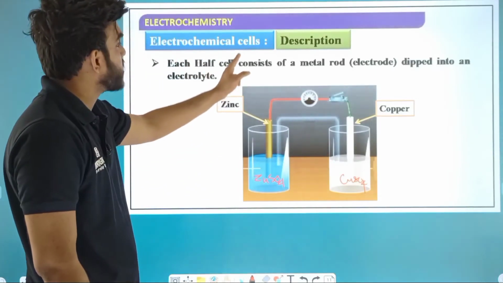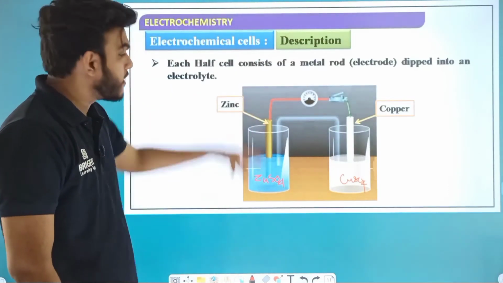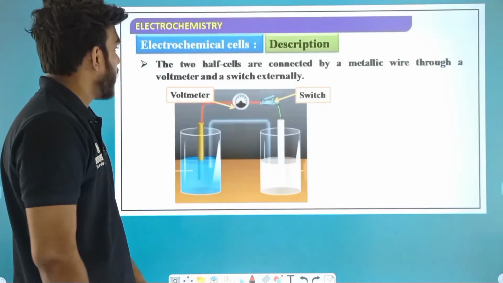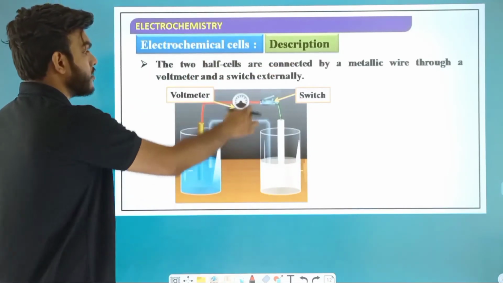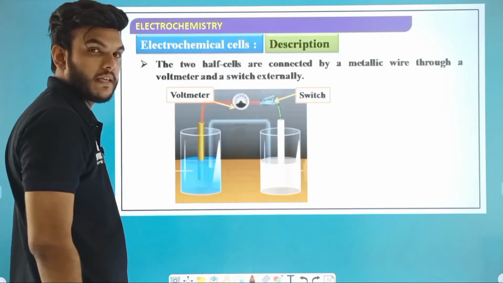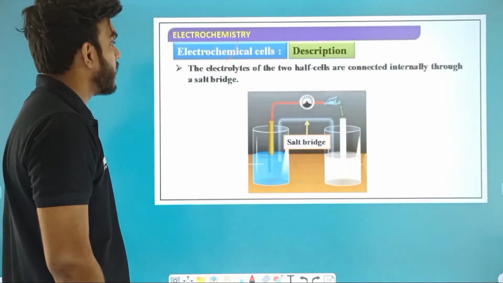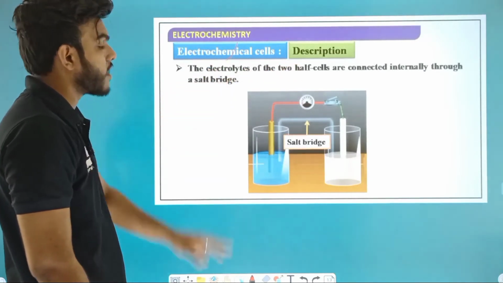Each half cell consists of a metal rod as electrode dipped in an electrolyte. The two half cells are connected by a metallic wire through a voltmeter, and a switch is also present externally. The electrolytes of the two half cells are connected internally through a salt bridge.